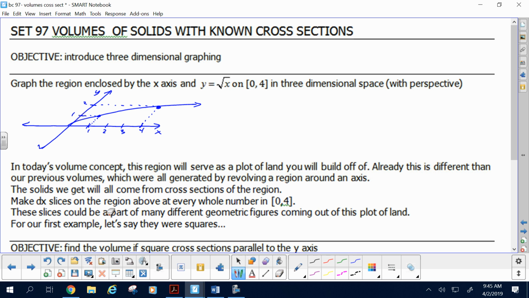Volumes of solids with known cross sections behave more like a 3D print. I know we don't have a 3D printer at this school, but imagine if you drop this, whatever, this rock or this vase or something in the 3D printer. The 3D printer is a lot like what we're doing today.